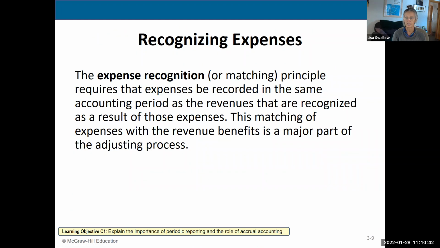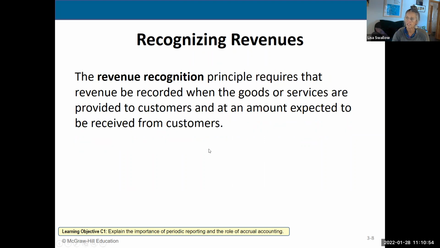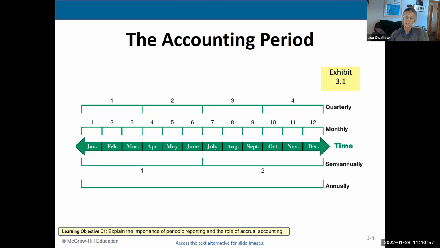Also, expense recognition, or the matching principle, says that when you incur an expense, you have got to match it in the same period as the revenue that it helped to earn. So back to our little time chart again, same example. If I paid a lease on my building, my commercial space, let's say that I'm an attorney and I pay $15,000 for space in January, but that's for the whole next year, right?